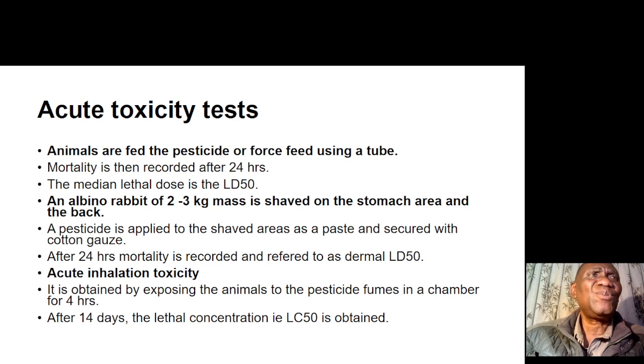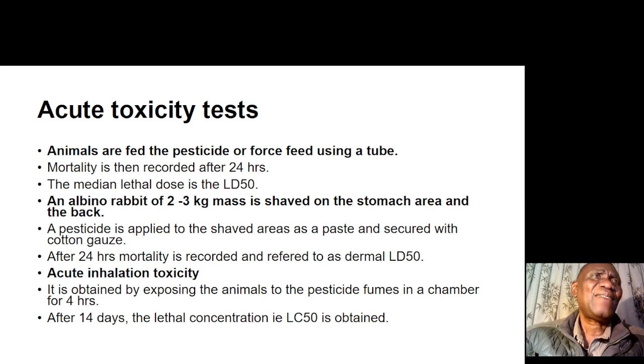Or you can use an albino rabbit of mass 2 to 3 kgs. It is shaved on the stomach area and the back. The pesticide is applied from outside. It's a contact pesticide, which is applied on the shaved area as a paste and secured with a cotton gauze.